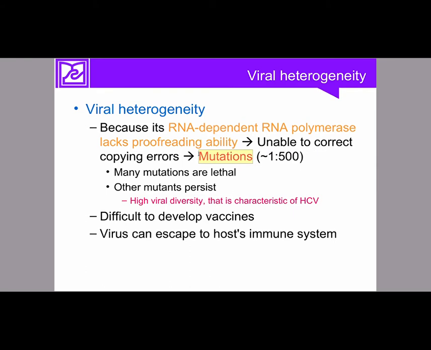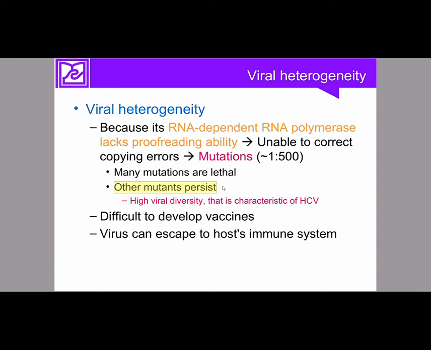Well, for the virus, many of these mutations are lethal. That means many mutated viruses can't survive. However, other mutations can persist. That means one individual that is infected by hepatitis C virus may become infected by many different strains at the same time.